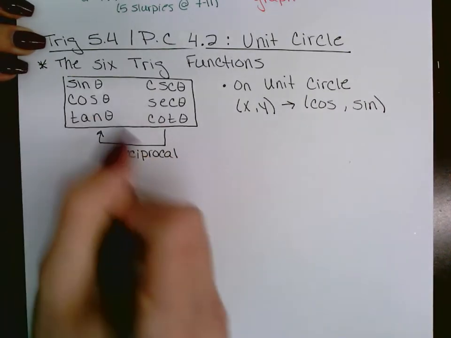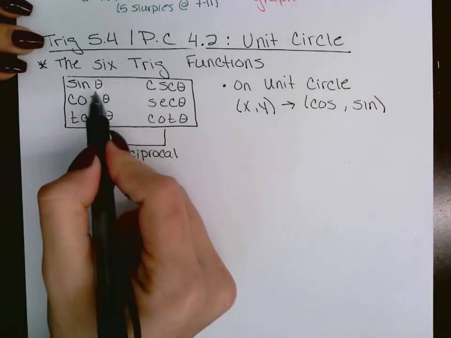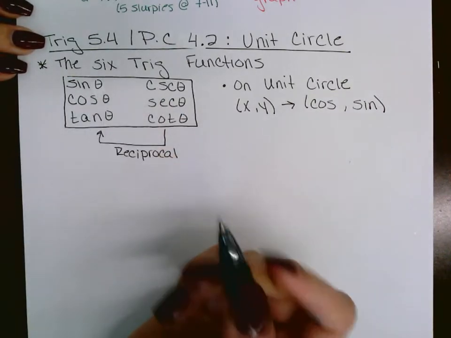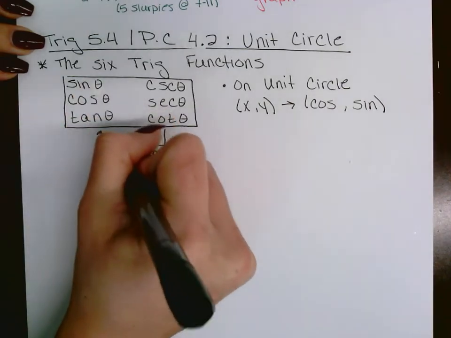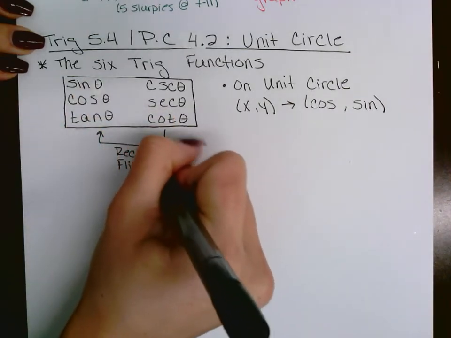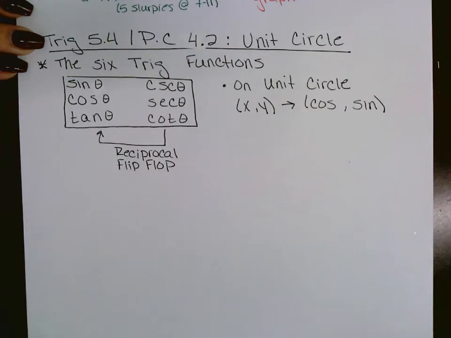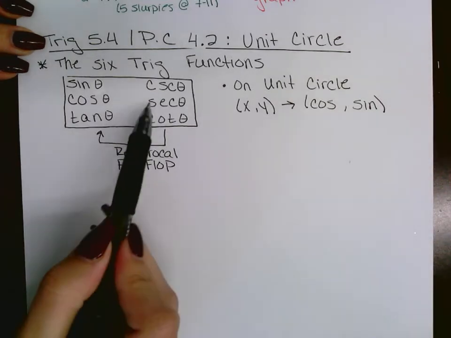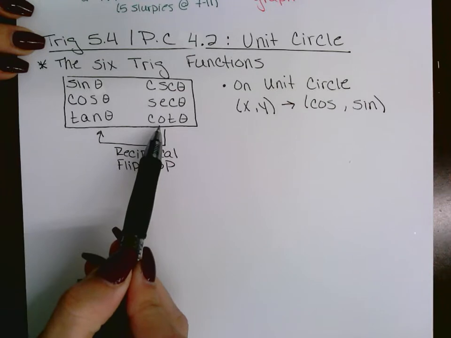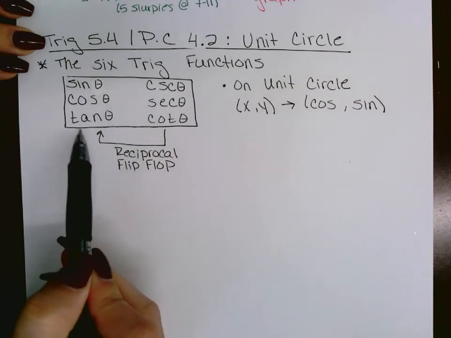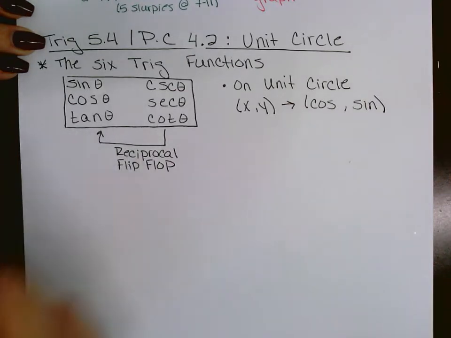So the way I find cosecant is I flip-flop whatever the answer was of sine. So if my answer for sine was 2 over 3, what do you think my answer for cosecant is going to be? 3 over 2. And the same thing works from secant to cosine and from cotangent to tangent. Okay? So if I have one of their answers and I need the other, I just flip them.